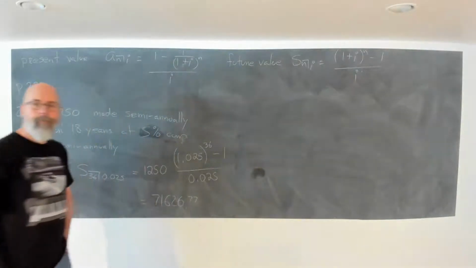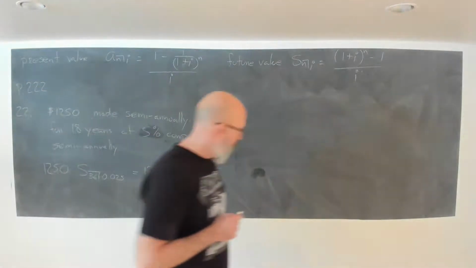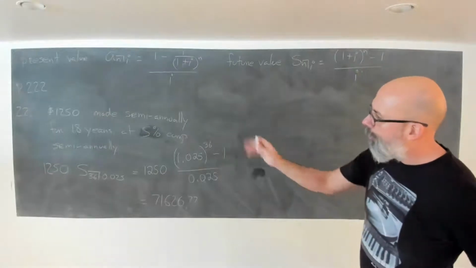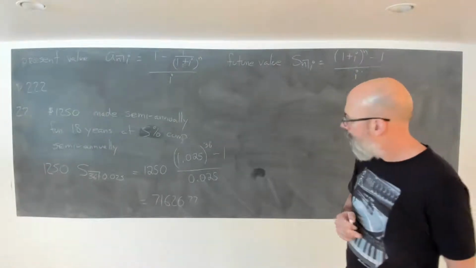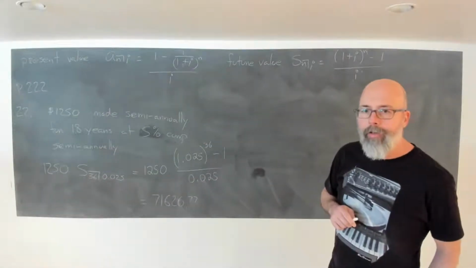Thank you. There it is. In total, you have put of your own money 45,000, and then you have all that interest. Very nice.